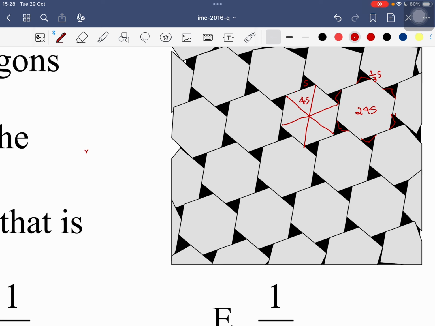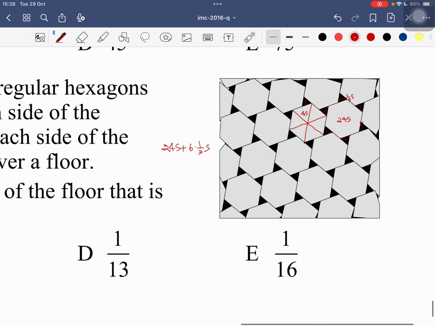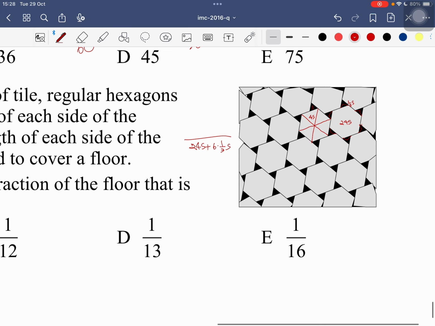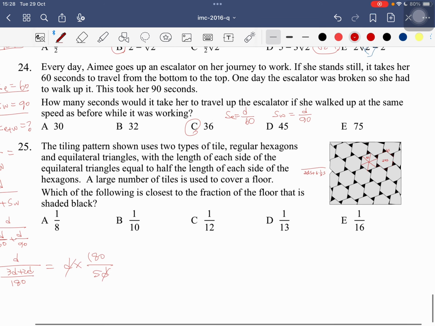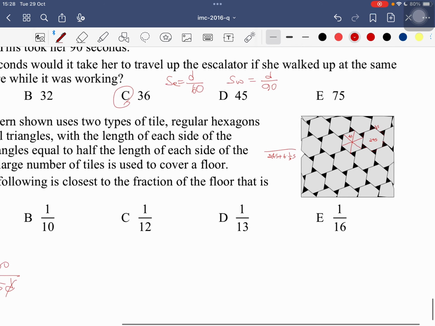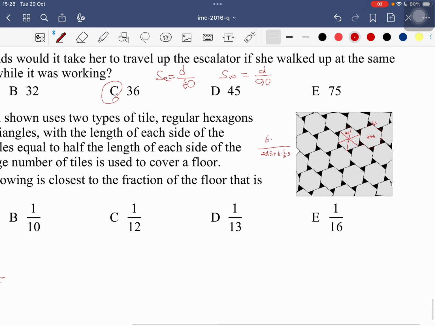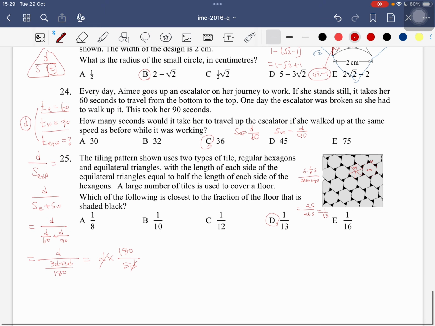So all of these, 24S plus 6 over 1/3 S is the total. Out of that, we have shaded black, 6 times 1/3 of S. 26S and 2S and 1 over 13. So that's it.